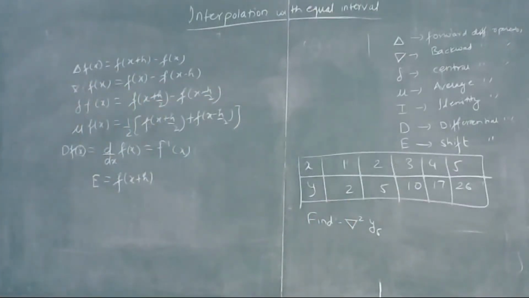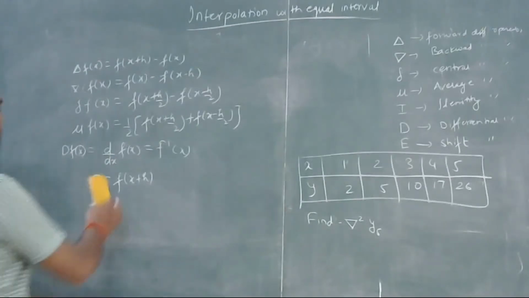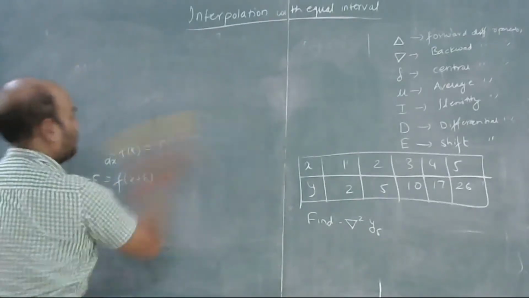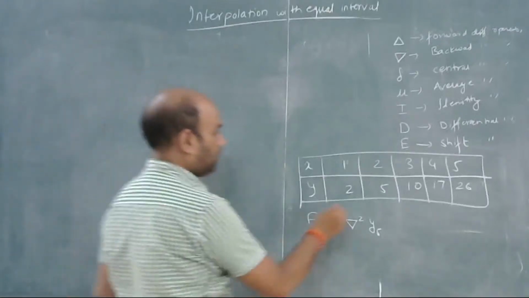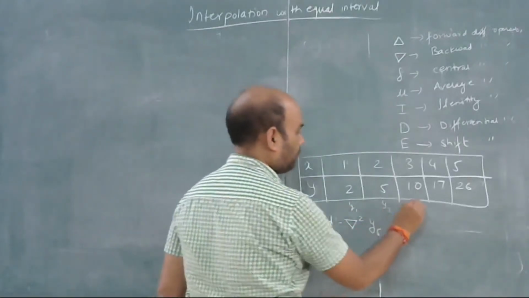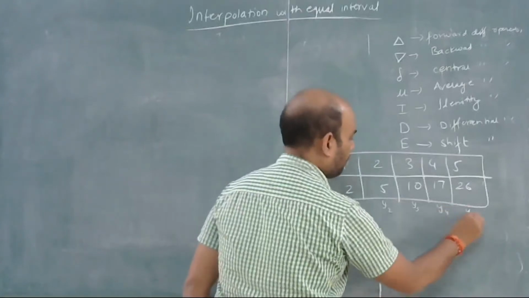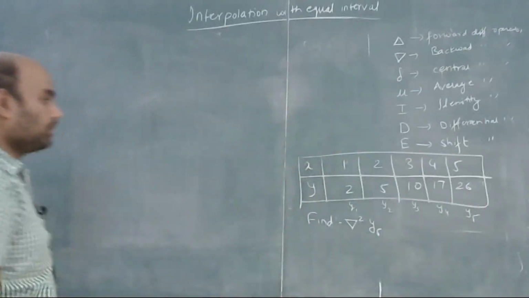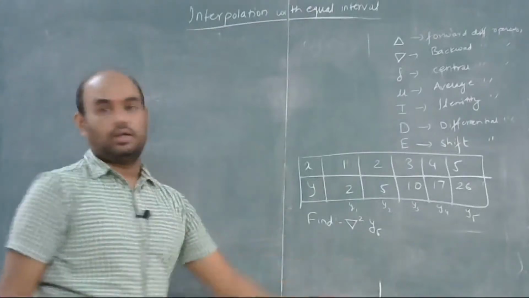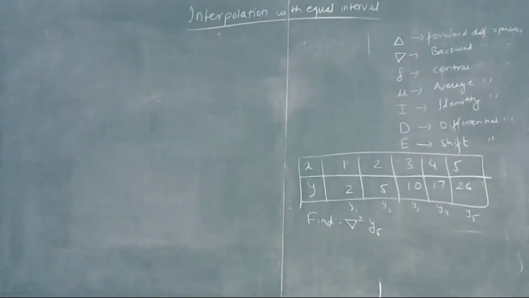The corresponding values of x and y are given. So you have to find del square y5. Okay, so this is your y1, this is y2, this is y3, this is y4, and this is y5. So what is del y5?